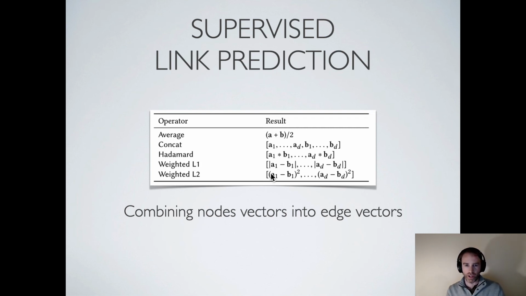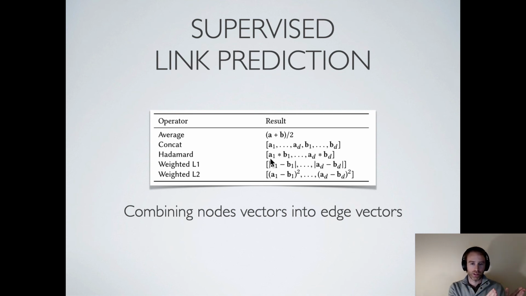So just to summarize them, a possibility is to take the average of the vectors of the two nodes at the extremity of the pair of nodes. You can concatenate them. So if you had an embedding in 10 dimensions for the nodes, for each edge, you will have an embedding in 20 dimensions. The Hadamard product is just to multiply each of the elements of the vector in sequence.